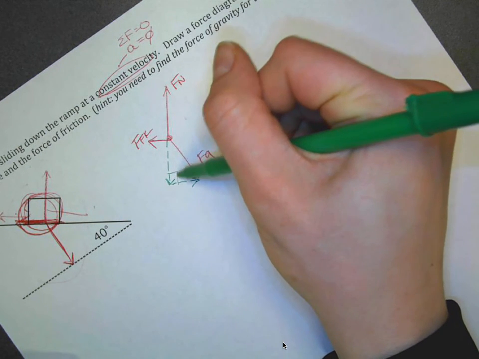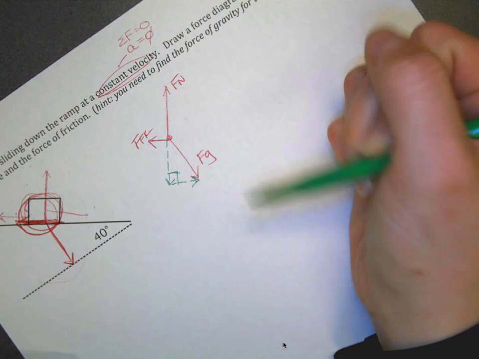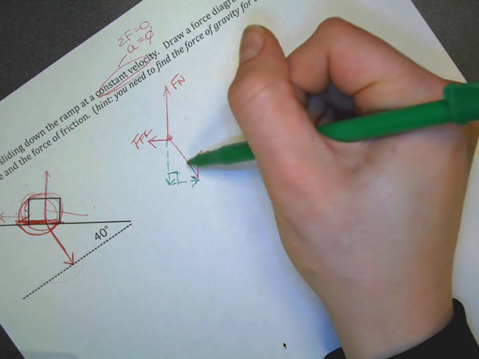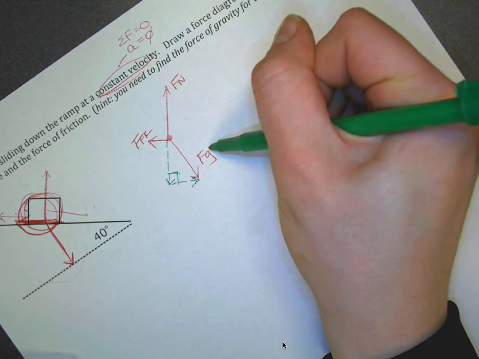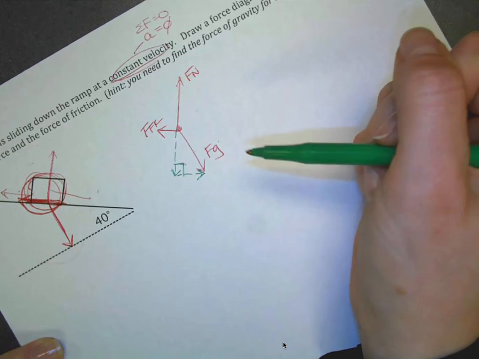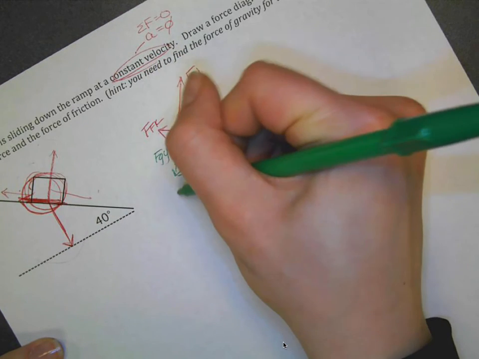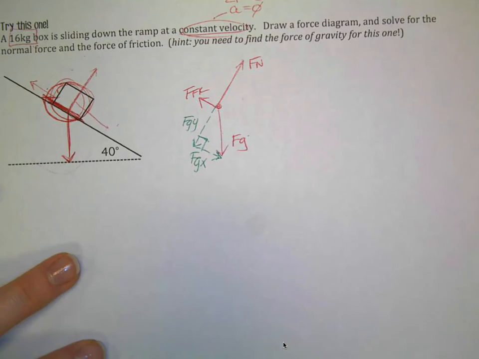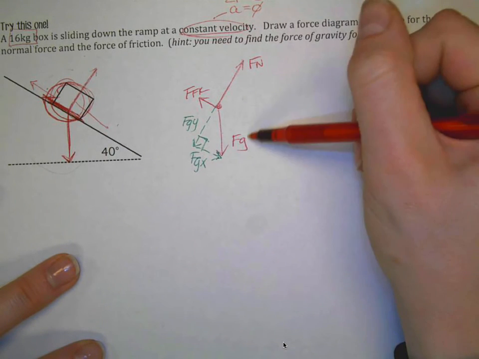So this is the 90-degree angle right here. Sometimes people try to draw this as a 90-degree angle, but remember the resultant has to be the biggest one. This is FGY, FGX. So the first step here would probably be to solve for the force of gravity.